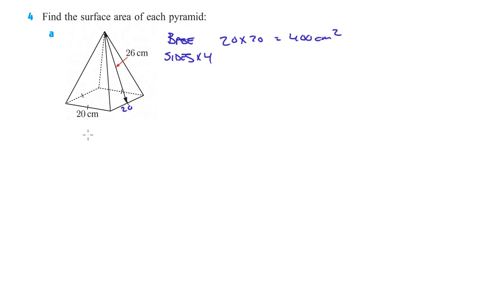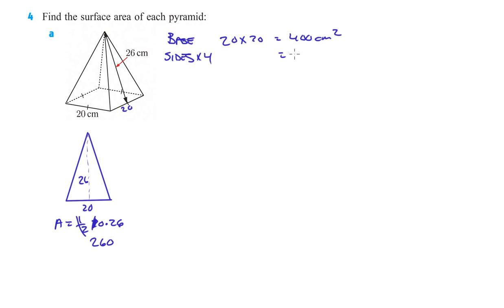So if we simply draw one of the triangle sides on their own, it's going to look like this, right? 20 by, and this is 26. So the area of this thing is going to equal 1/2 20 times 26, right? So half of 20 just gives us 10, right? So 10 times 26 is going to be 260.